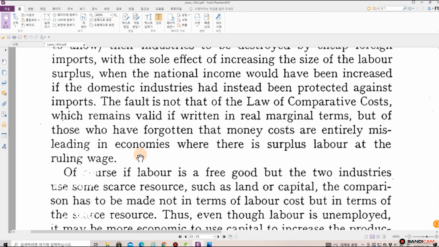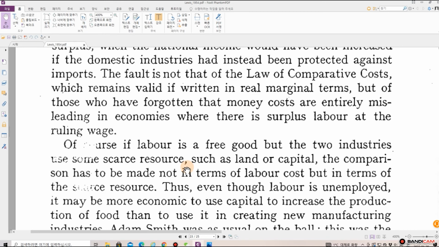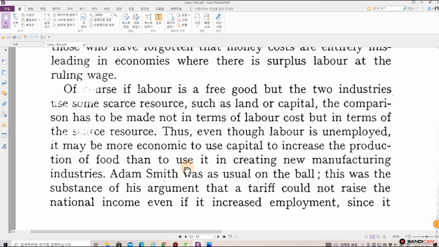The fault is not that of the law of comparative costs, which remains valid if written in real marginal terms, but of those who have forgotten that money costs are entirely misleading in economies where there is surplus labor at the ruling wage.